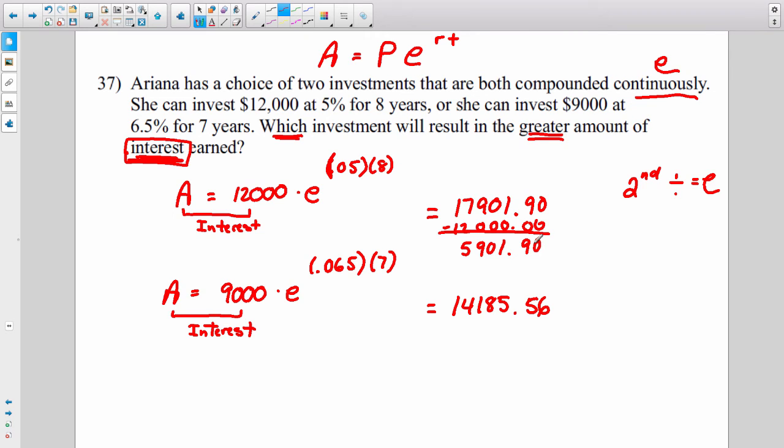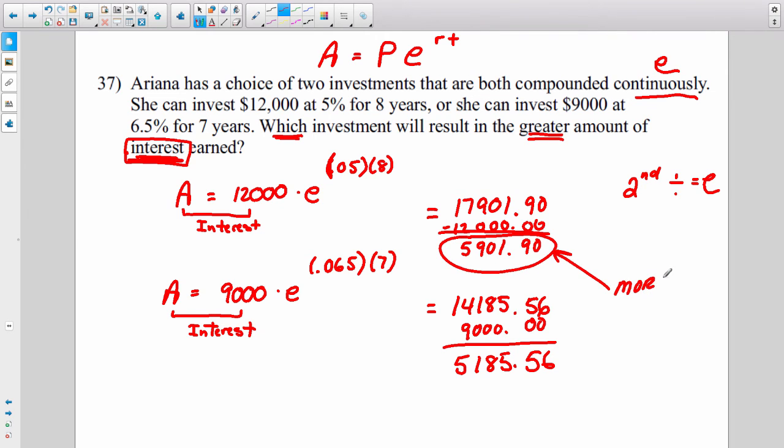When we check out the 14,000, we had started with $9,000. So the interest that we earned was $5,185.56. Okay, well, in this case it was that guy, but only because the question specifically said, who made more money?